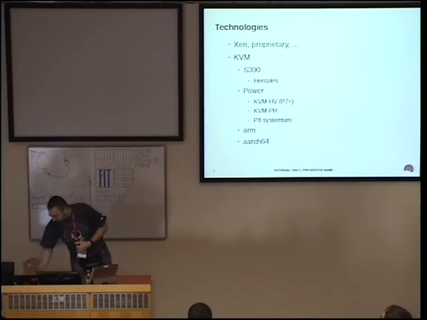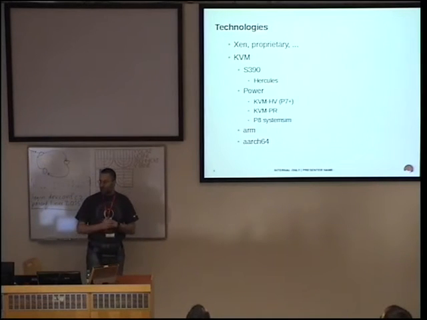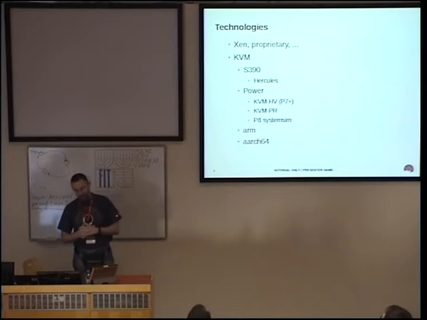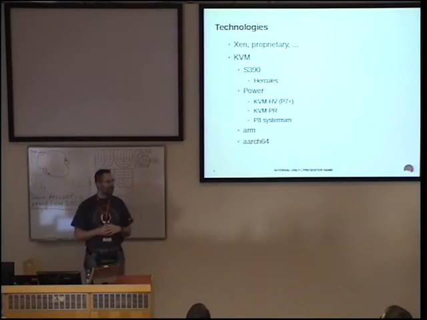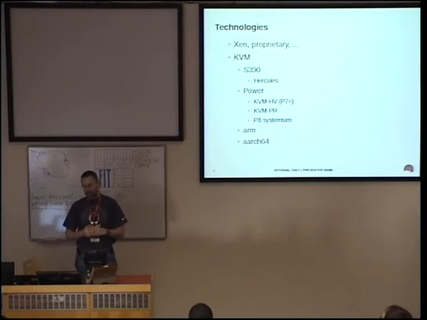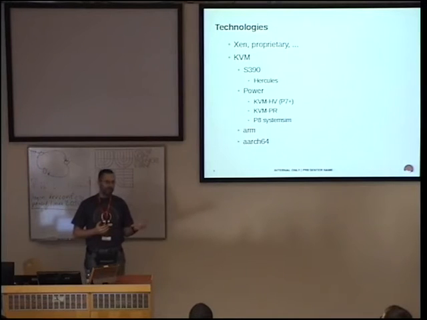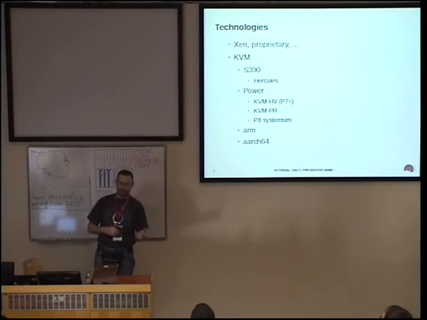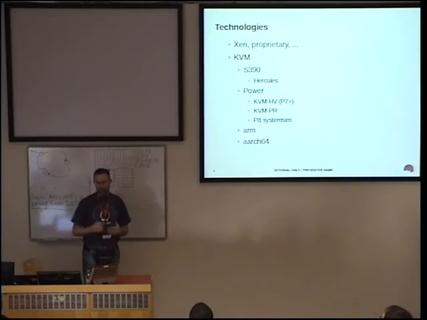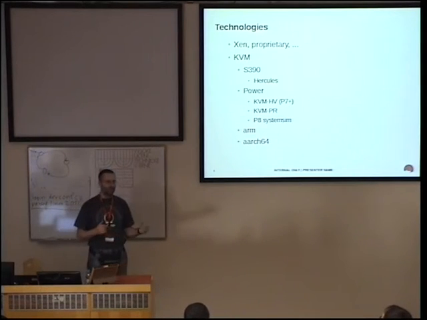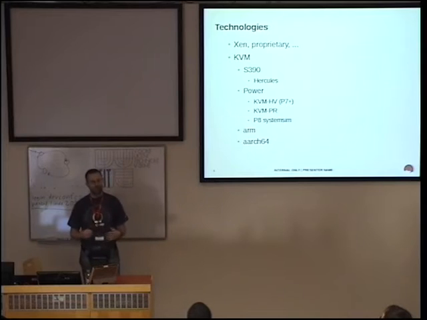So I will jump to the technologies first. A short overview of what is available, what was available, and what we would like to use. There are, I think, still Xen installations. It is still an open source hypervisor technology, but if I remember correctly, they are dropping the non-mainstream architectures from the code base.